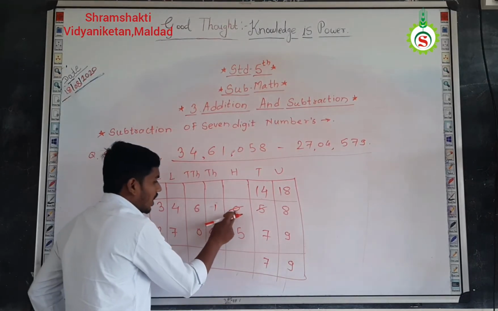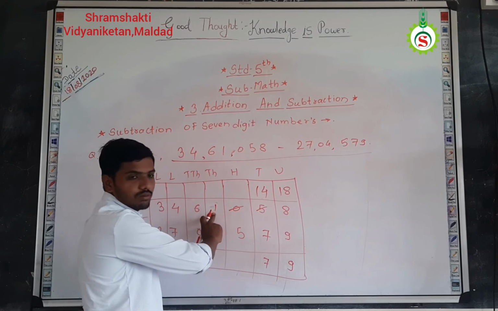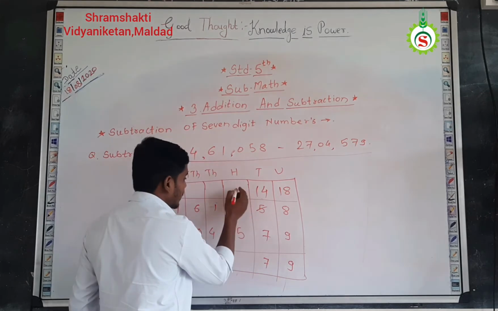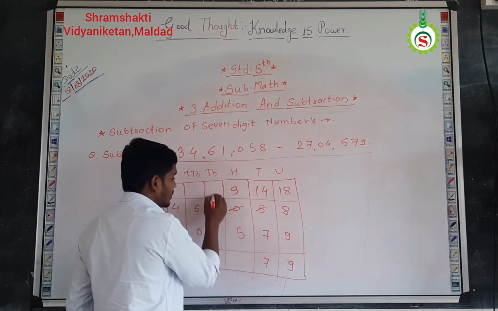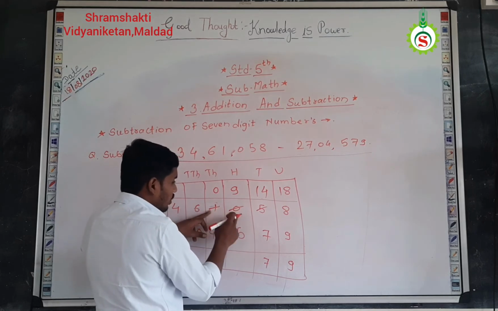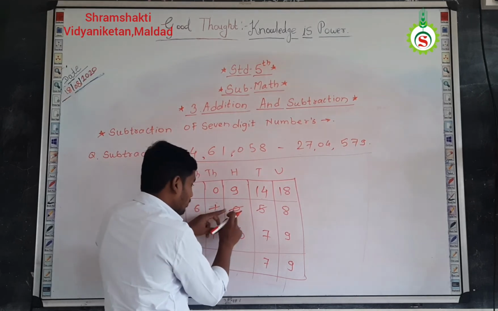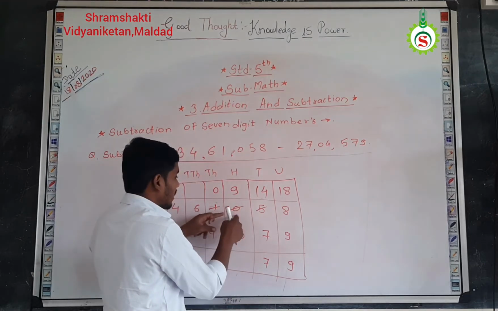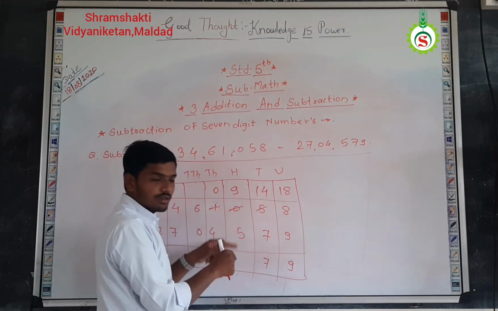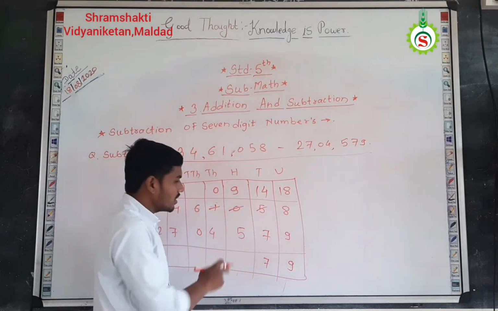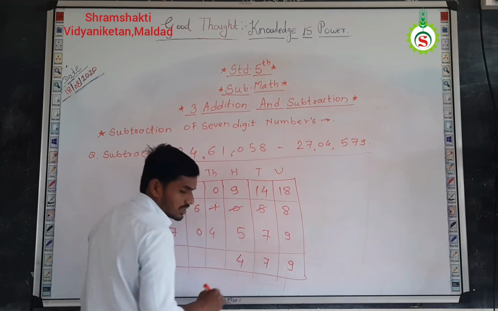That 0 again has to take one borrow from the next number, because that 0 has given one borrow, that means it has nothing. So if that 0 takes one borrow, it becomes 10. But from the 10 it has already given one as a borrow. That means 10 minus 1 is 9. So 9 minus 5 is possible, and the answer is 4.